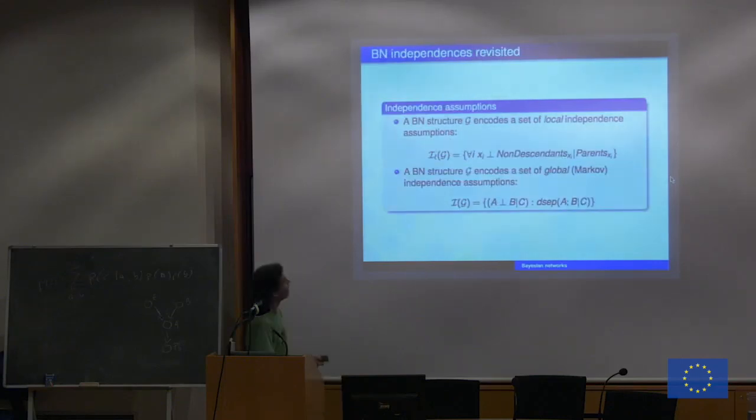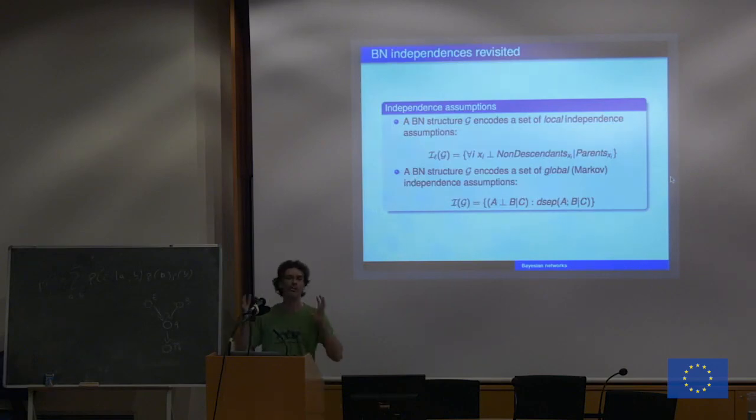Now, a more general notion of independency. A Bayesian network structure encodes a set of global or Markov independence assumptions, which is all the independence that you find in the network: A is independent of B given C if A and B are d-separated by C. And these you can read by doing this reasoning that I showed before.